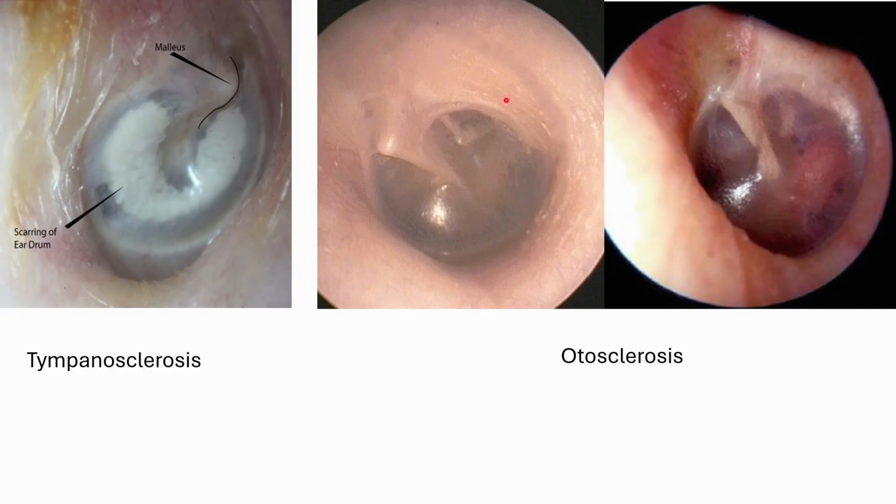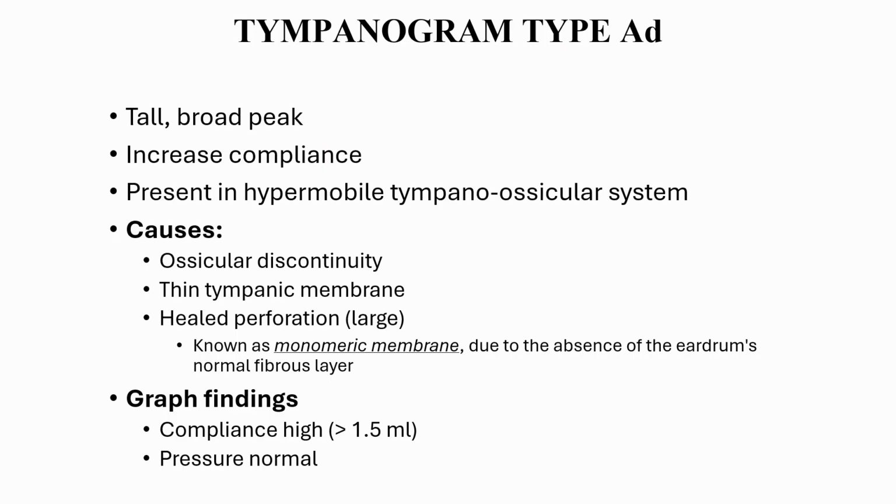In some cases of active otosclerosis, there will be a reddish hue on the promontory. This is known as Schwartze sign, but it is only present in 10 to 20% of people, not more than that.